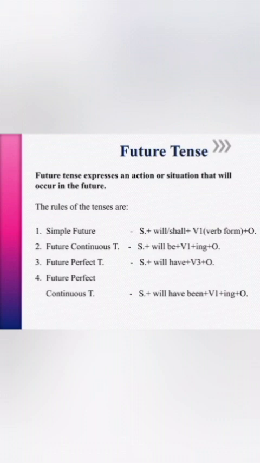Look at that in detail. Look at these forms of simple future, future continuous tense, future perfect tense, future perfect continuous tense. There are some variations in these four tenses. You have to look at it carefully and try to understand the differences.